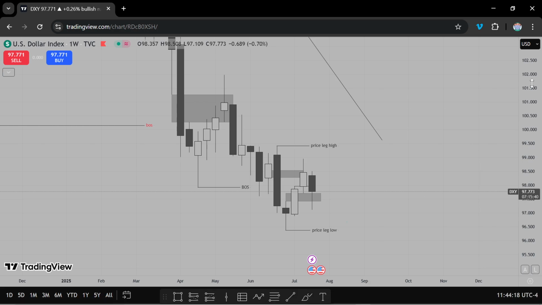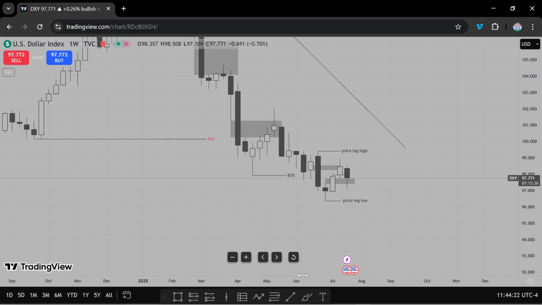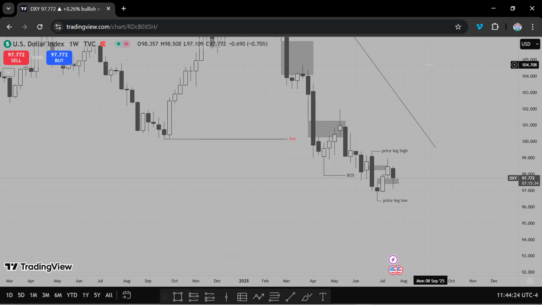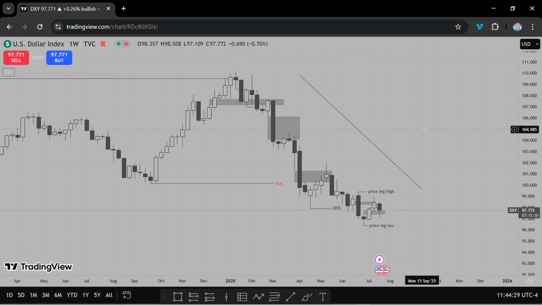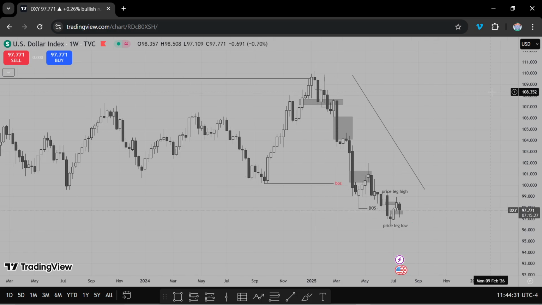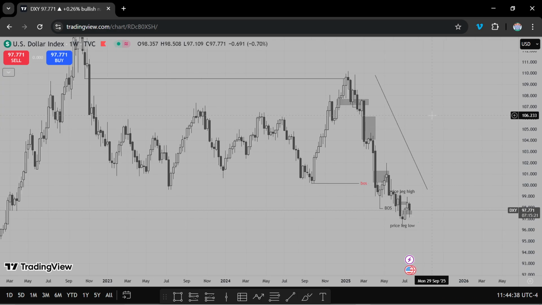One of the things that we're going to get into is charting and how I got to my bias and how I got to my entry and my thoughts overall. First things first, we are on the weekly chart.